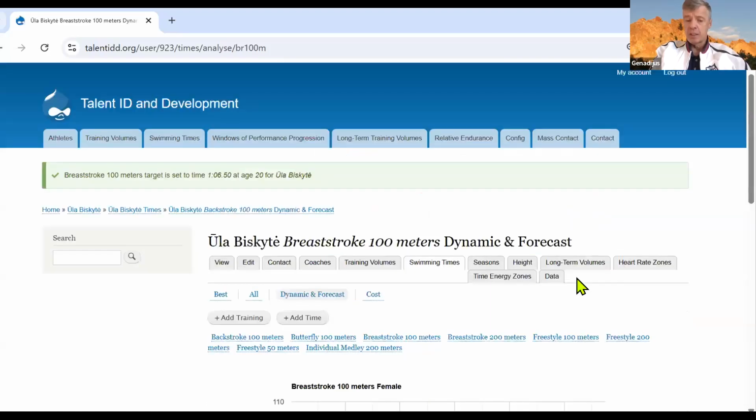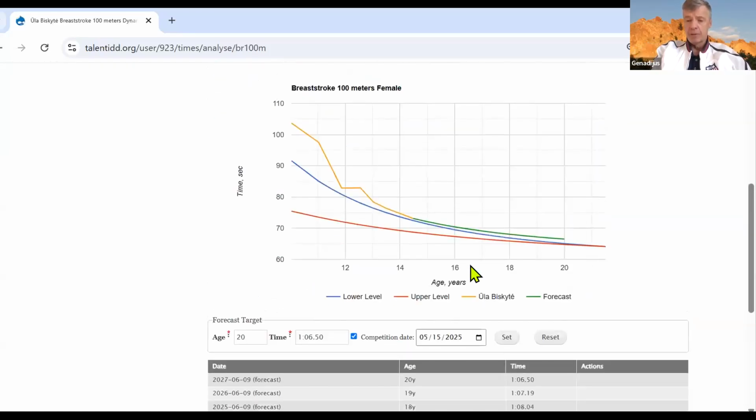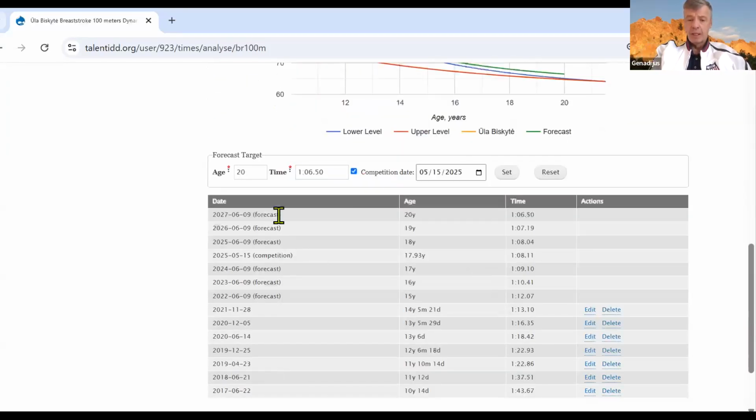You click set over here, and the software calculates, you see, for the swimmer at age 20, in 2027, she needs to swim 106.5. And here is the competition in Medellin. She is going to be 17.9 years old. She needs to swim 108.11 to be on the track to reach 106.5 at age 20 in 2027.